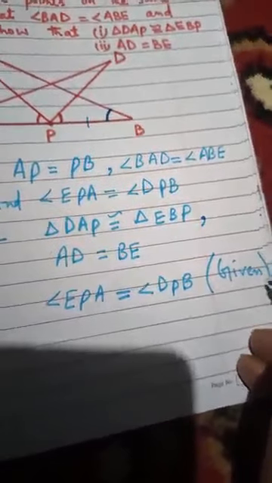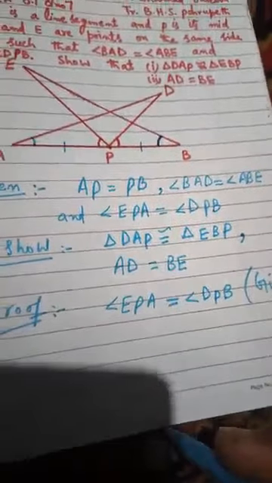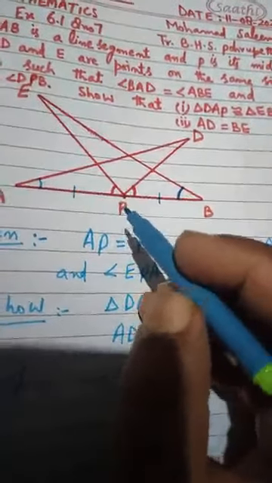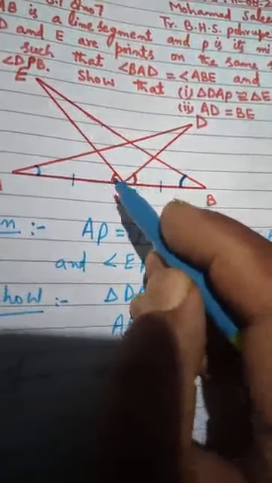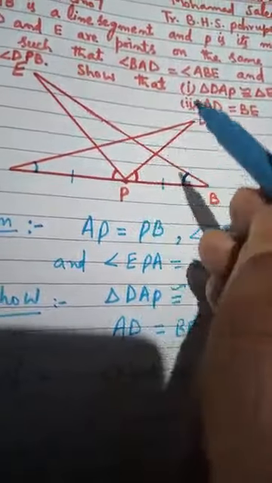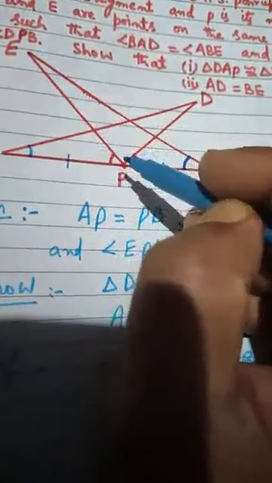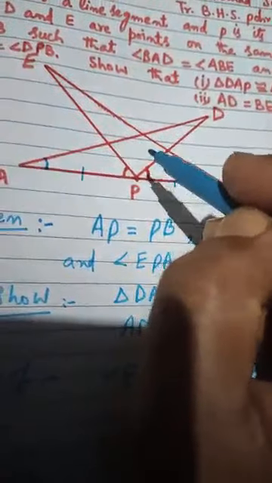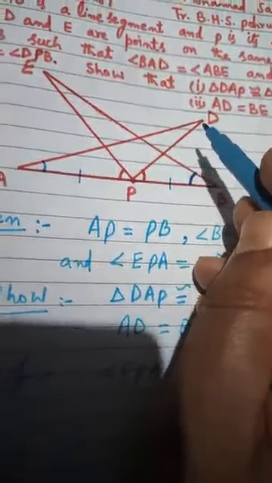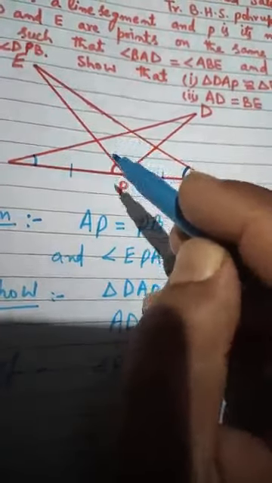It is given that these two angles are equal. If you closely watch, between these two angles is angle DPE. This angle DPE is adjacent to angle DPB as well as angle EPA.